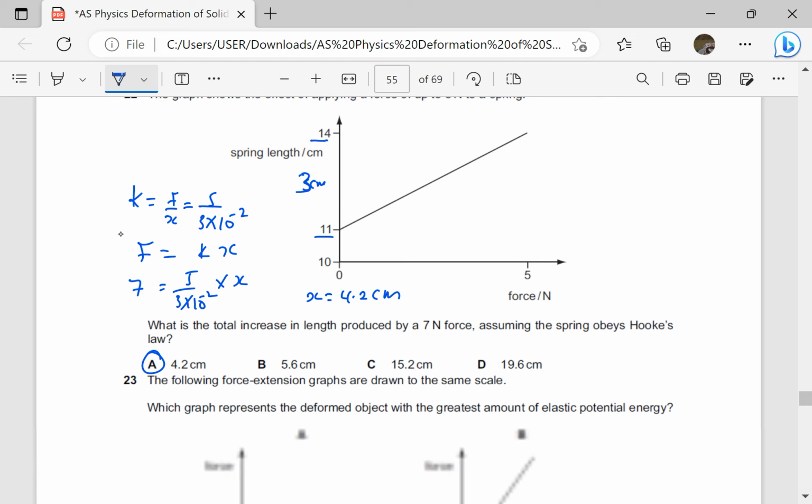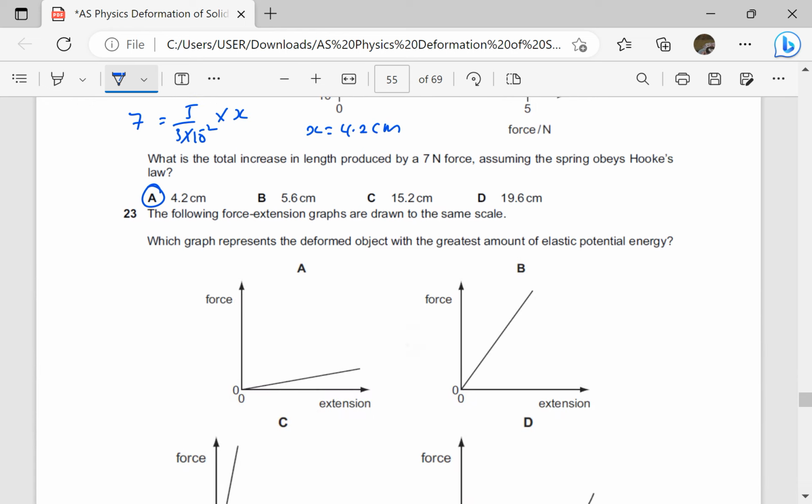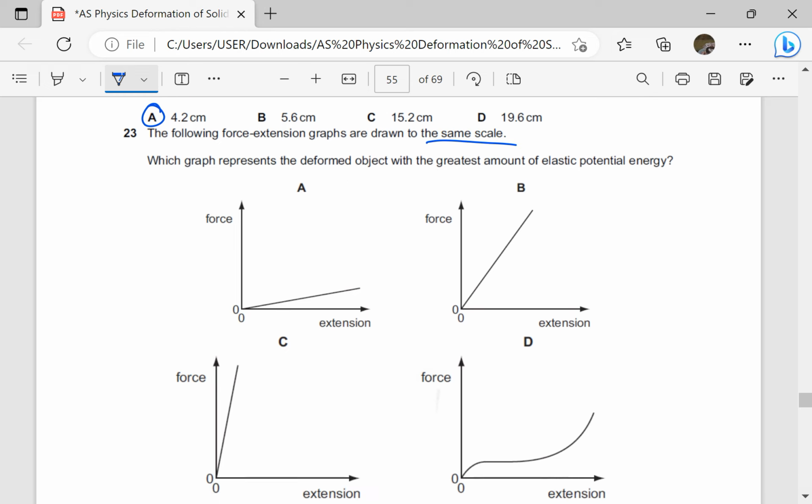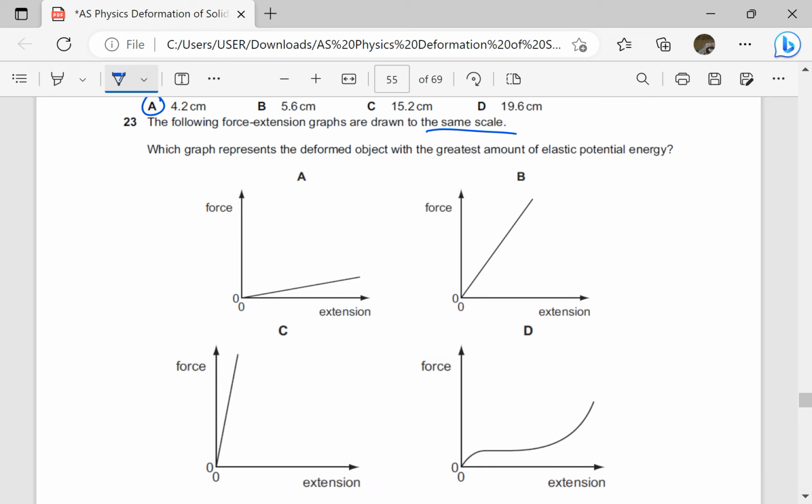This was 3 centimeters. The following force extension graphs are drawn to the same scale. Which graph represents the deformed object with the greatest amount of elastic potential energy? Remember, elastic potential energy is going to be the area under these graphs.